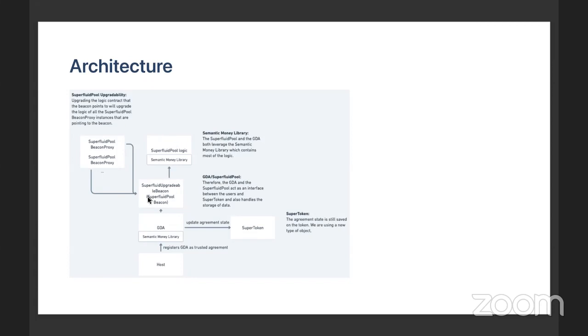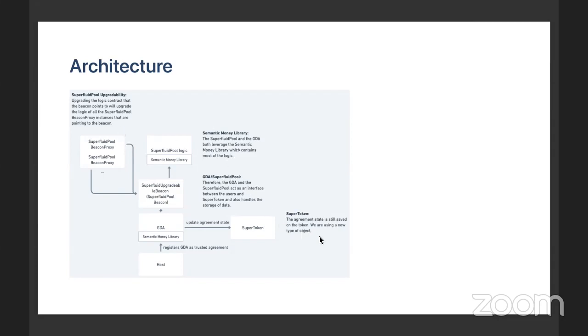So there's a Superfluid pool. And this is a contract that's deployed whenever you create a pool. So in the IDA, you create an index, but that's all held internally in storage, in the super token storage. But in the GDA, there's a new contract that gets created, and it uses the beacon proxy pattern.